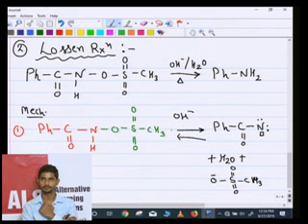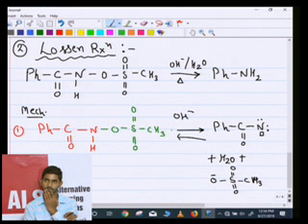Balajit has done. Lima has done. Paul has done twice. Nitish has done. Cool.